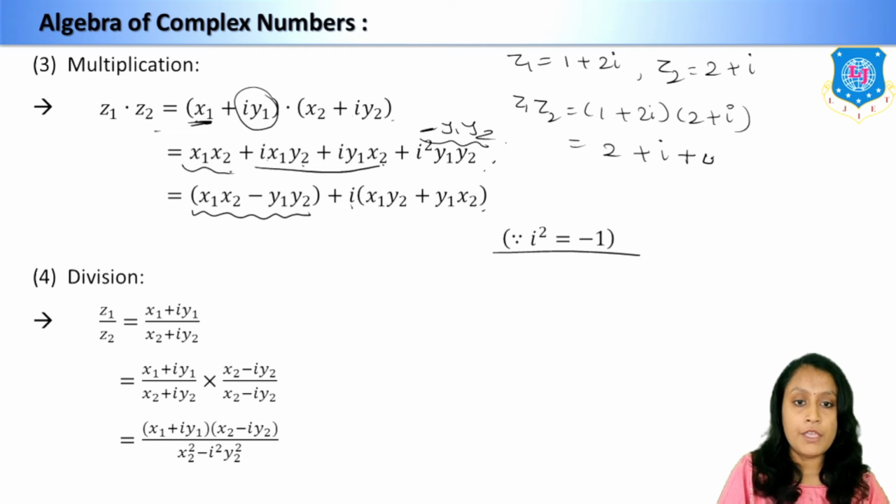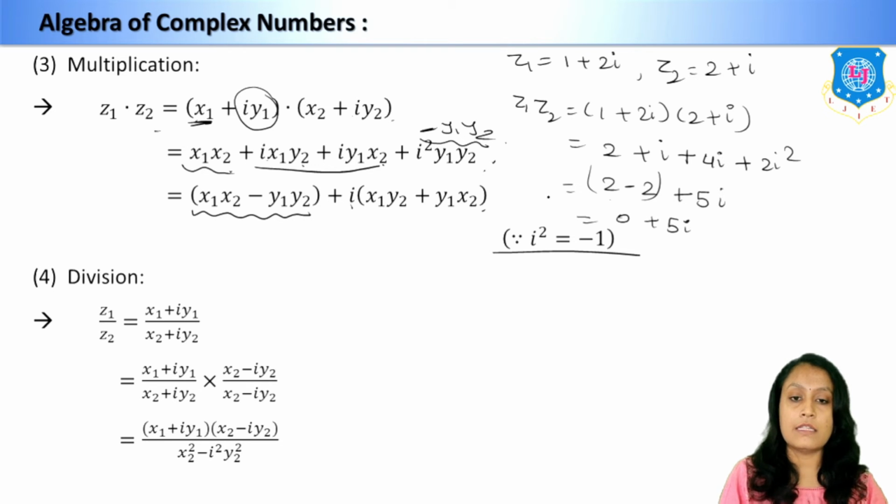So you will get here 4i plus here 2i square. But we know the answer of i square is minus 1, so this is minus 2. So here we have 2 minus 2 plus, now add these, 4i plus i, so this is 5i. This is 0. So this is 0 plus 5i. This is the answer of z1 z2.